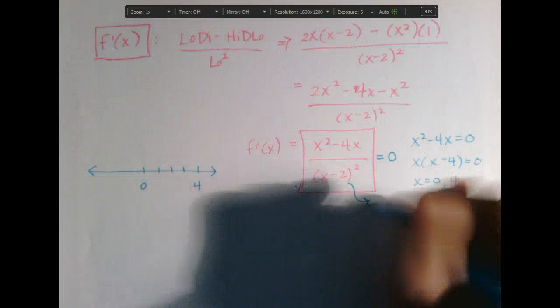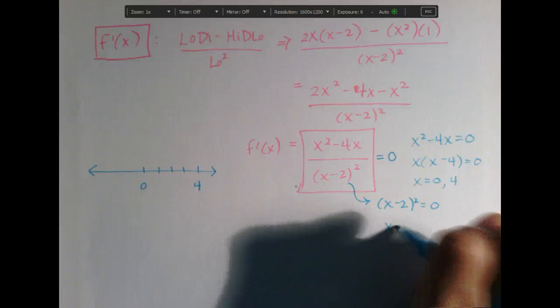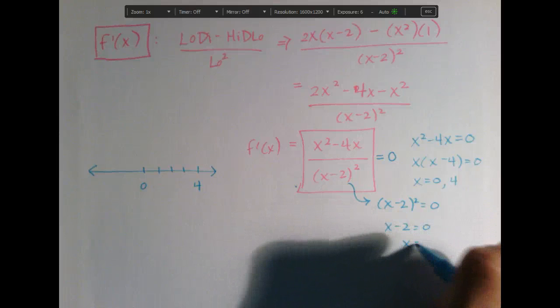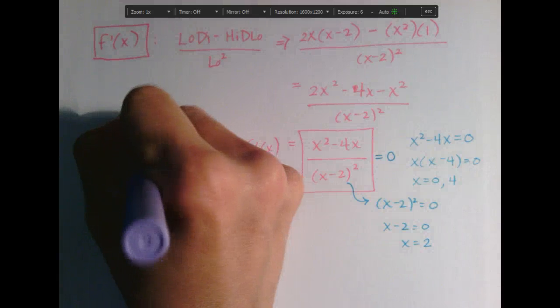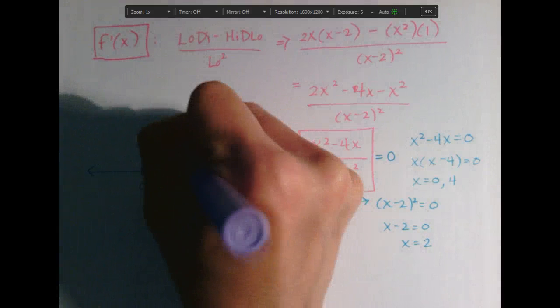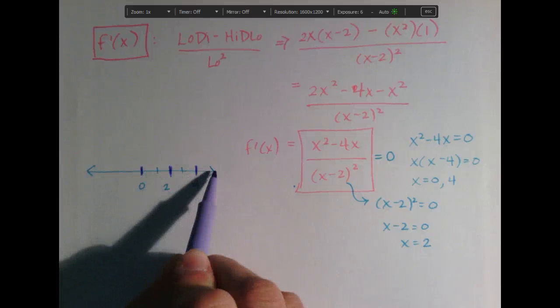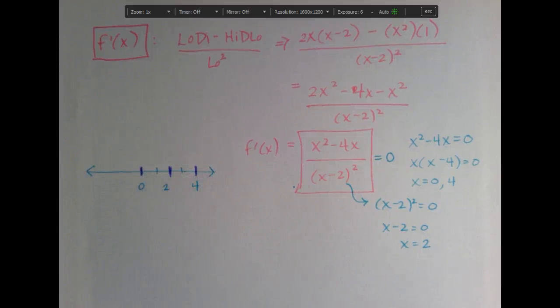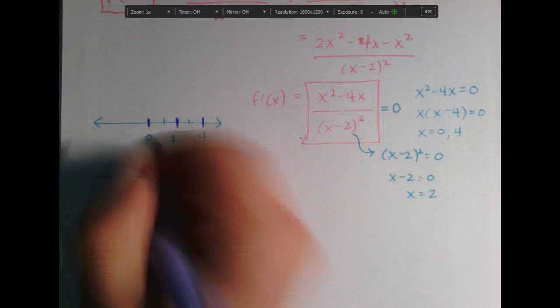And setting my denominator equal to 0, I get one critical value at x equals 2. So we've got 0, 2, and 4, which creates four different intervals, and we need to test each interval in order to determine its behavior.